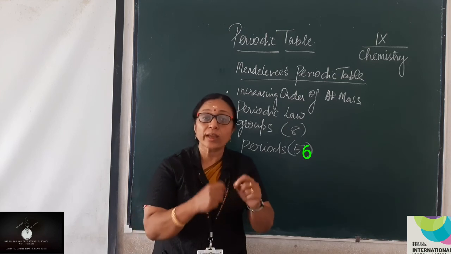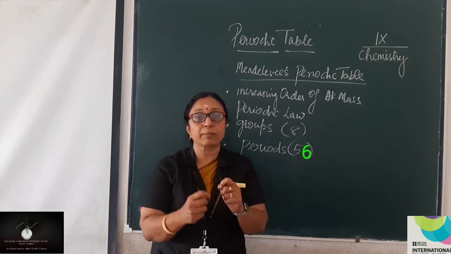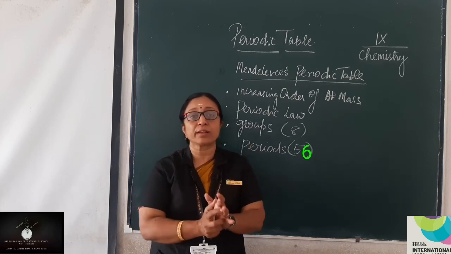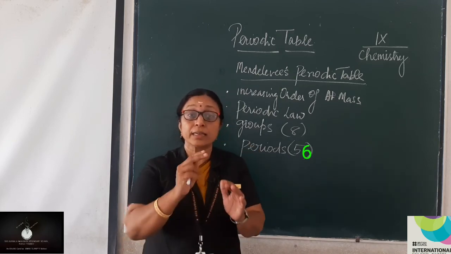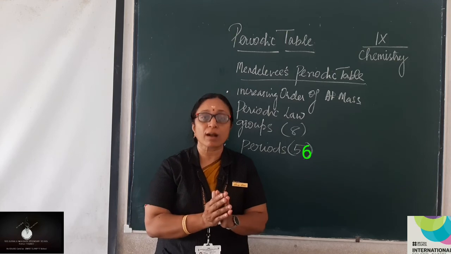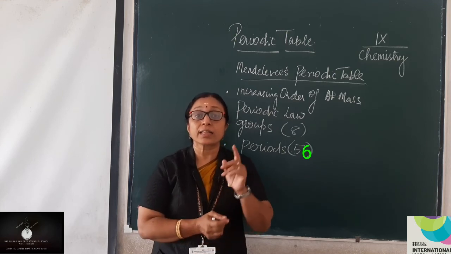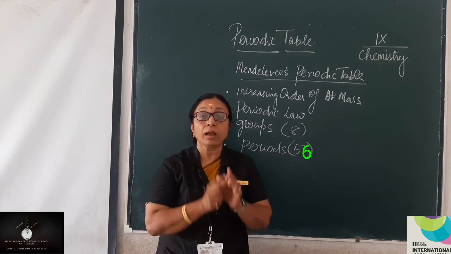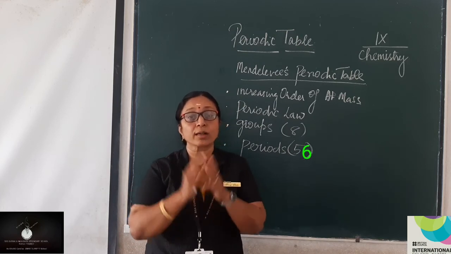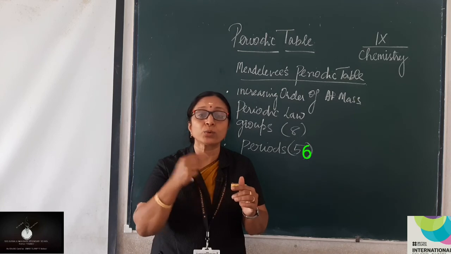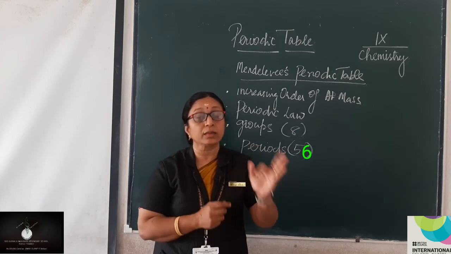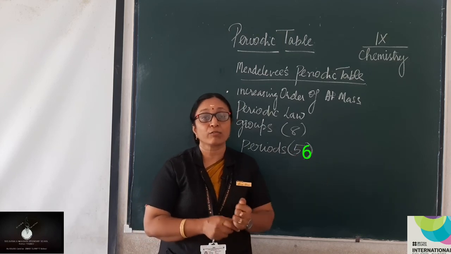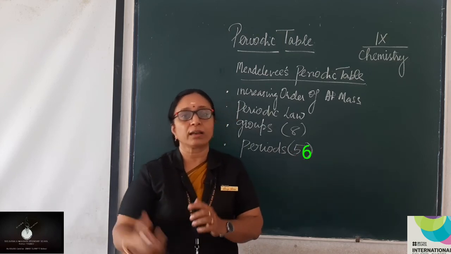Through diffraction experiments, he found that some atomic masses were wrong, and he changed them. The example was beryllium, whose atomic mass was changed from 14 to 9. What was the third merit? He left empty spaces for the future discovery of elements.